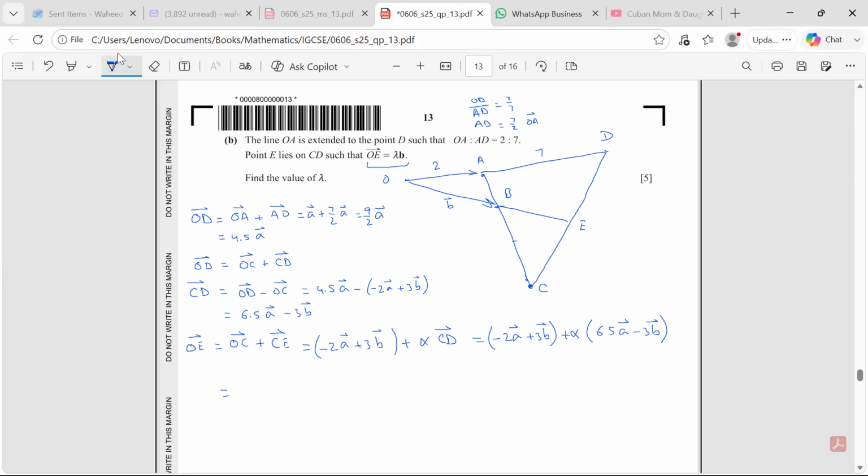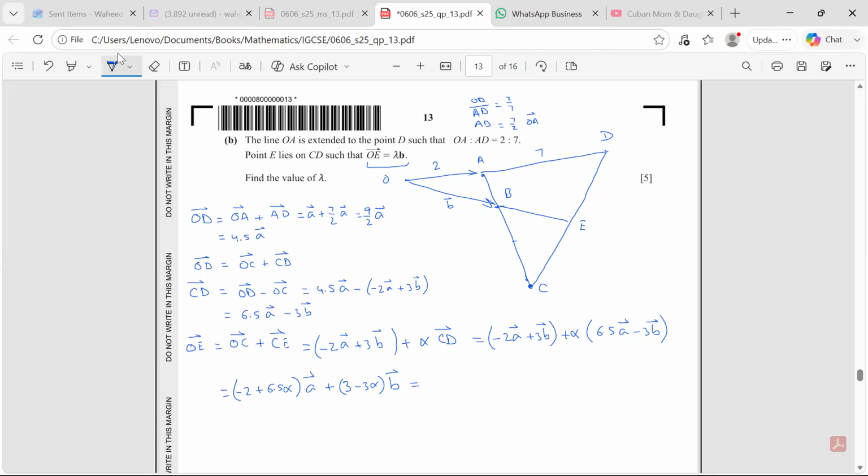Now I can rearrange this, and it will become minus 2 plus 6.5 alpha, all times A, and how about B? 3B and minus 3 alpha, so this times B. But you can see another interesting thing about OE.